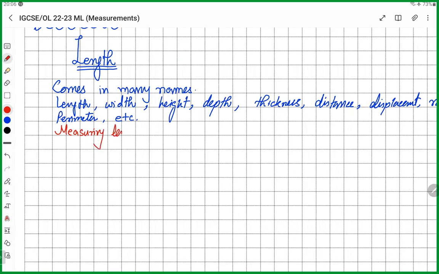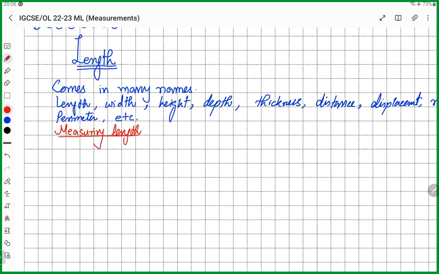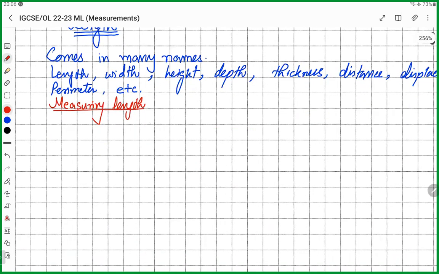Measuring length. Common instruments. Number one, meter rule.